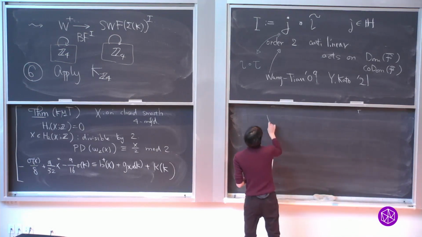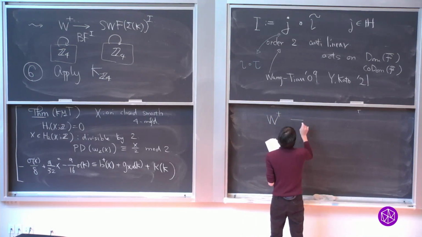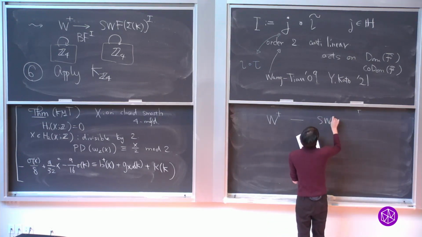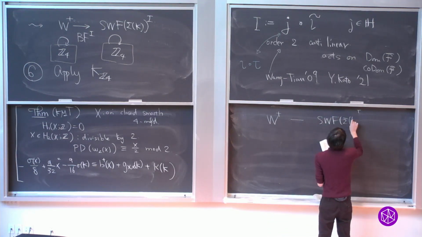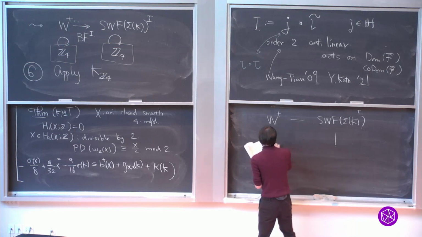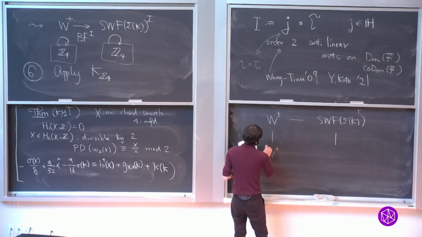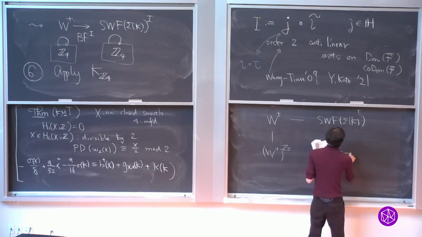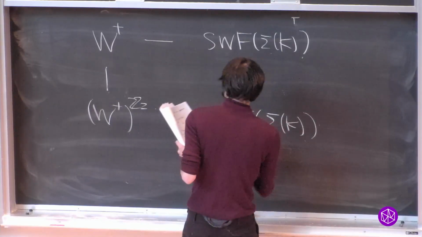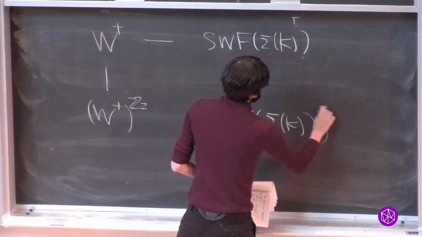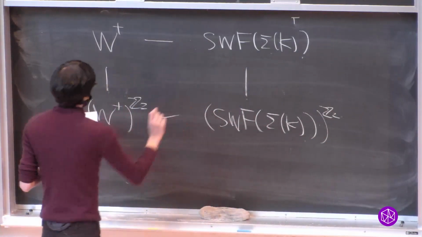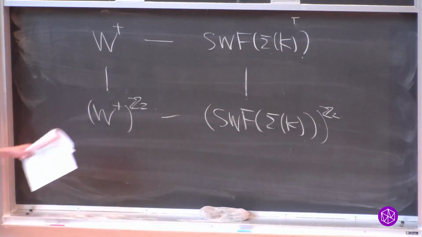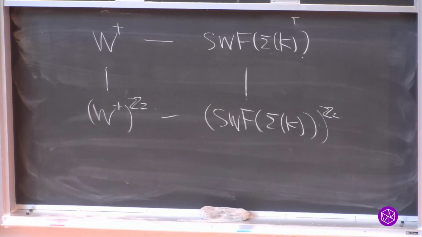So we have a map from here to here, and this guy. This is just the fixed point part of these spaces.